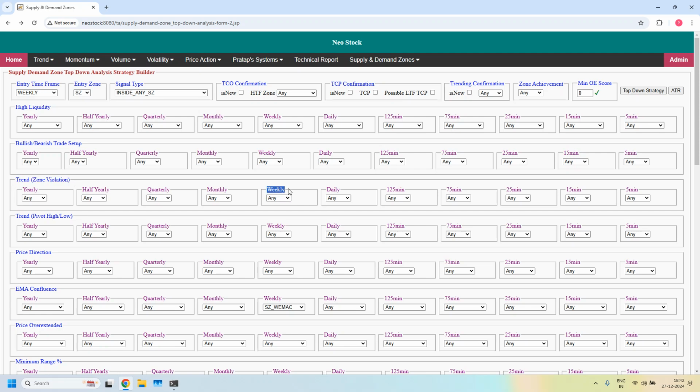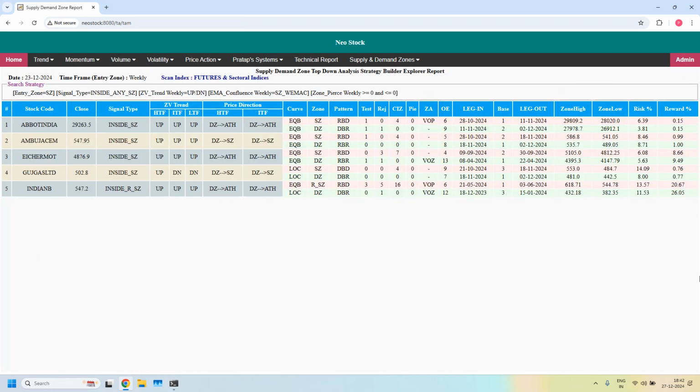That's why at weekly time frame, I am selecting up or down trend. With these filters, from 15 stocks, the list is reduced to 5 stocks. These 5 weekly supply zones are having weekly EMA Confluence, and also the current price closed inside those weekly supply zones.